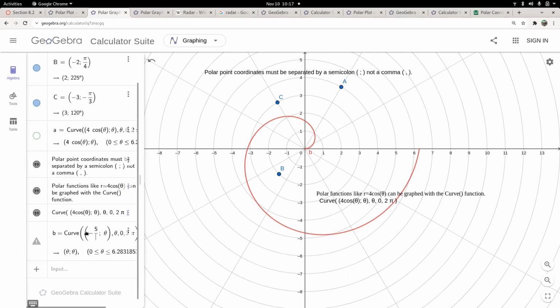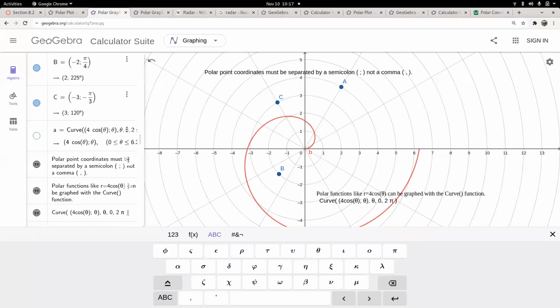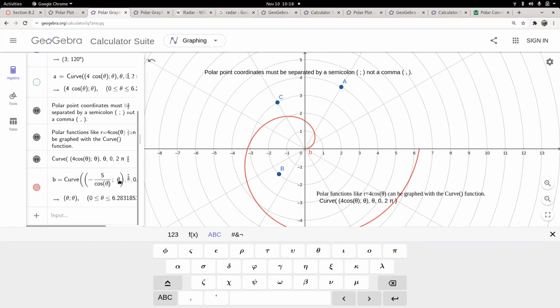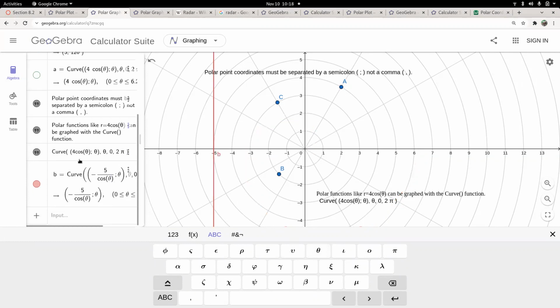Let's get rid of that theta, over the cosine of, and I gotta go over here to get, it was already in the right spot, theta. Okay, so I'm just replacing that first thing inside the point before the semicolon, hit enter, and there we go.